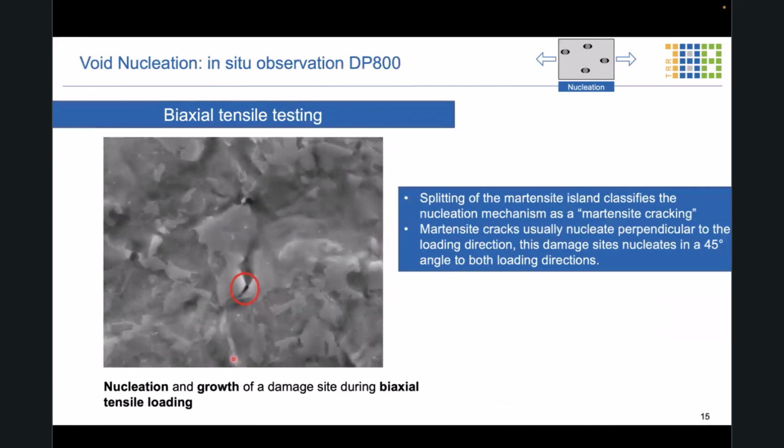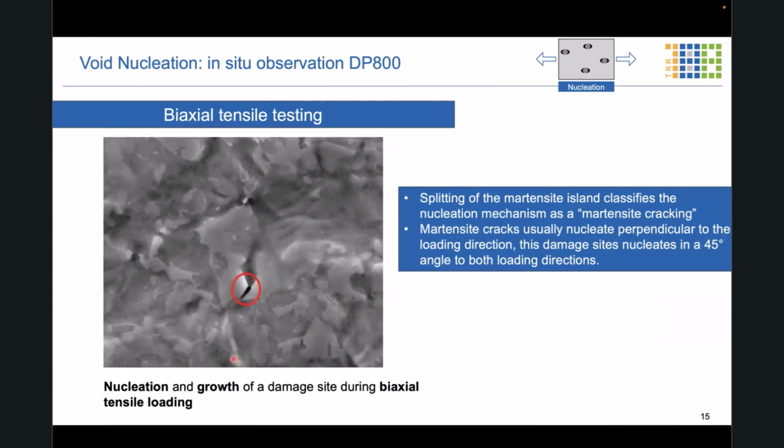Of course, the state of stress that is applied also plays a role. Very often, experiments are performed in uniaxial tensile loading conditions, which means that we have a very simple in situ loading condition for our samples.